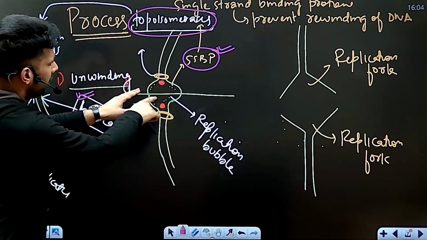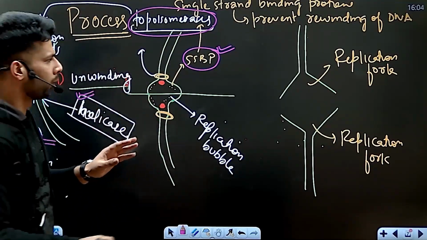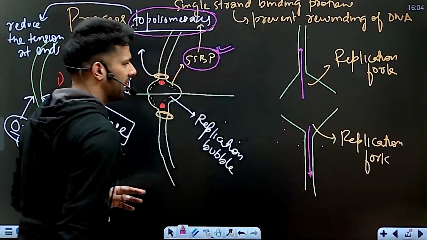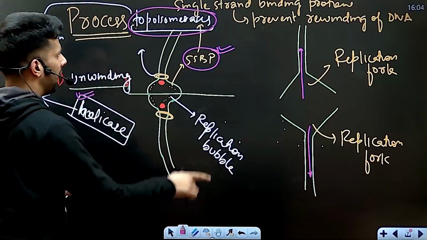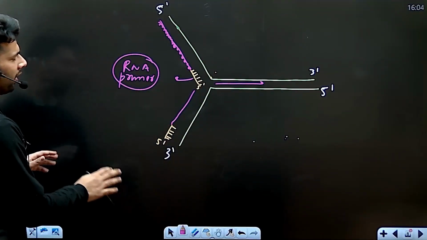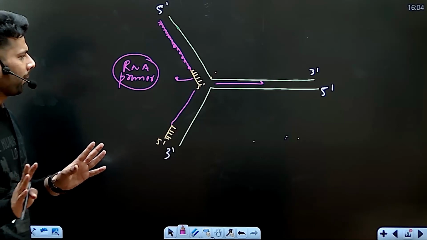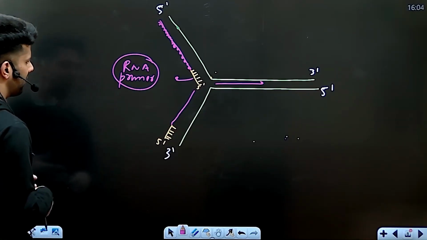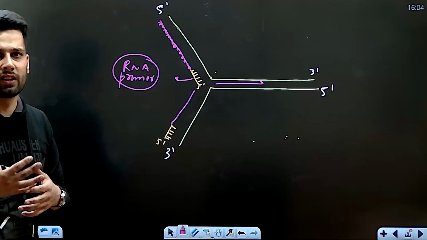On this replication bubble, the replication will proceed bilaterally in both directions. So DNA replication is bidirectional, and we'll study the replication in one fork. In one fork, as DNA replication always proceeds in the 5' to 3' direction, DNA polymerase always adds nucleotides in the 5' to 3' direction, so primers are to be placed accordingly.